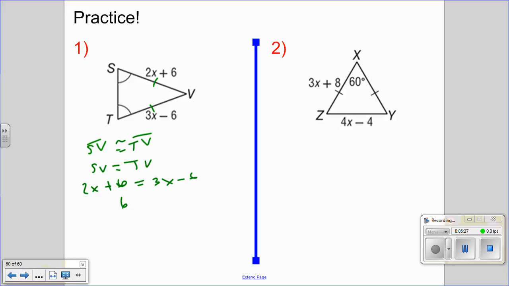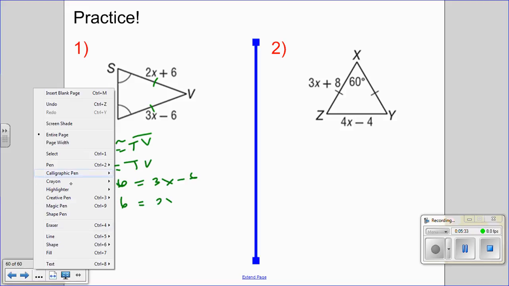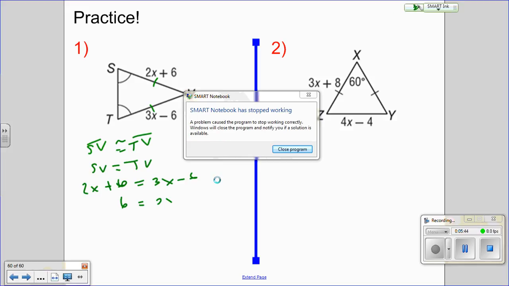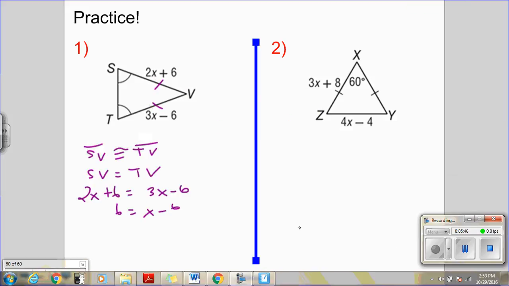It would give me 6 equals x minus 6. Then I would add 6 to both sides, so you would get 12 is equal to x.